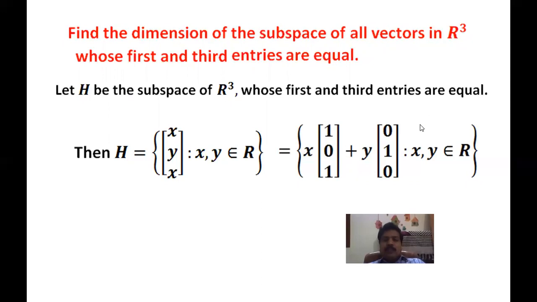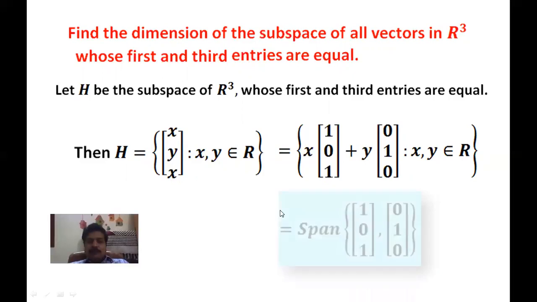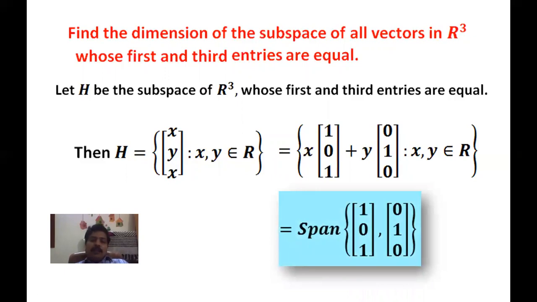And this can be written as X times 1, 0, 1. Here X is taken out; X is absent in the second row, that's why it's 0. And Y times 0, 1, 0, since Y is absent in the first and third rows, such that X, Y belong to R. Now, if these two are my vectors V1 and V2, then I can say that H is the span of V1, V2.